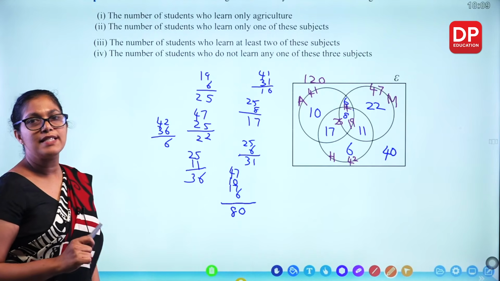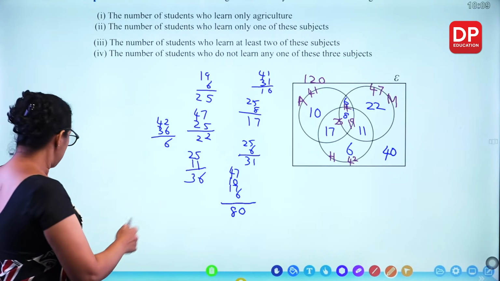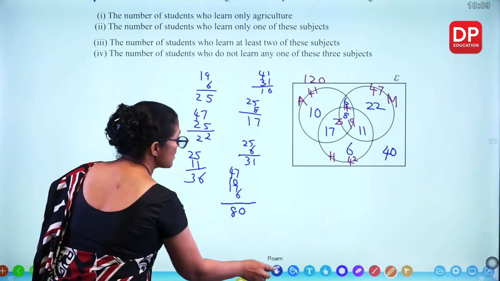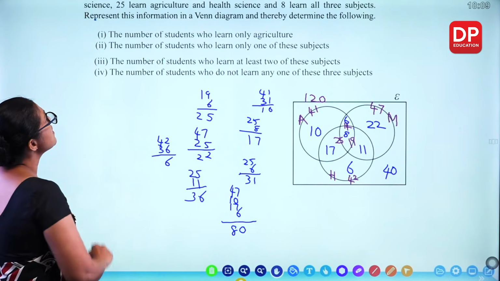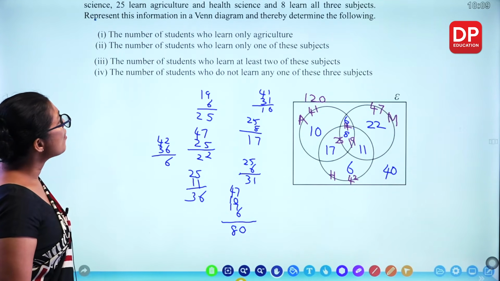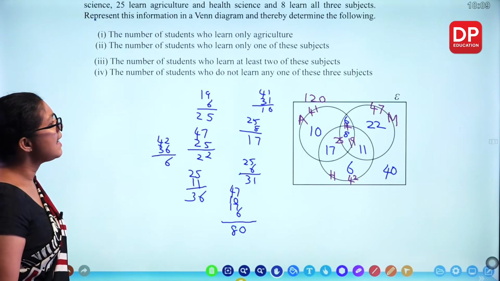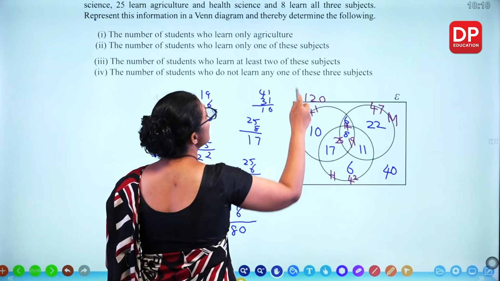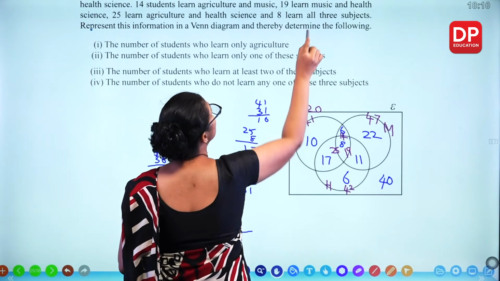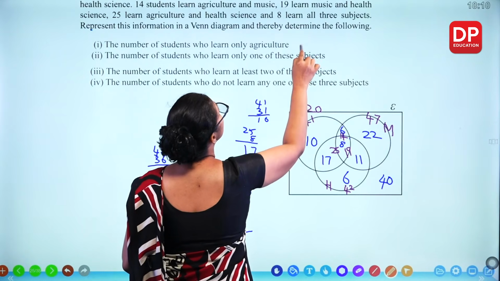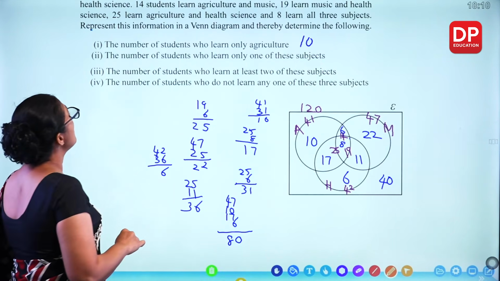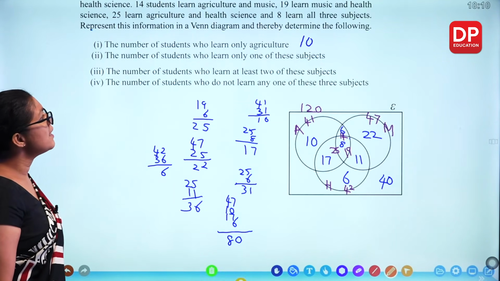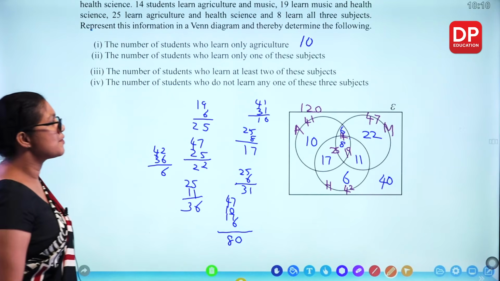Now we'll look at the diagram and answer these questions. What's the first question? The number of students who learn only agriculture. Only agriculture means this part, that's 10. Next one, the number of students who learn only one of these subjects.